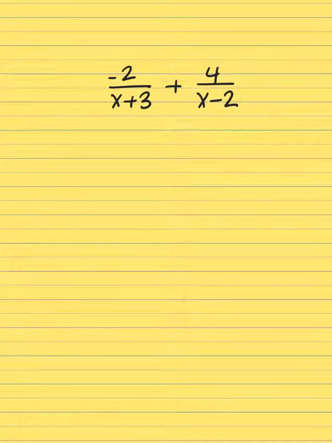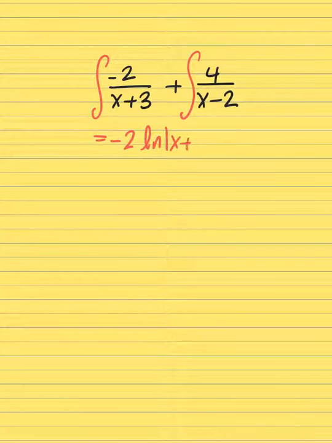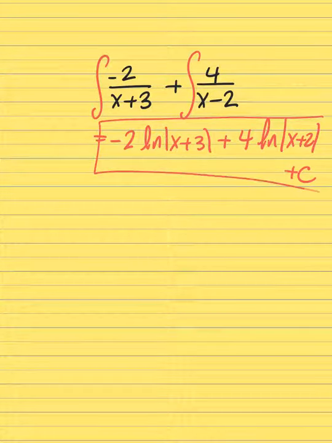Now I'm going to integrate. Well, this is easy to integrate. Negative 2 is just a number. The antiderivative of 1 over x is just going to be the natural log, so negative 2 times the natural log of the absolute value of x plus 3, plus 4 times the natural log of the absolute value of x minus 2. I don't have any limits, so plus C. That is my answer.